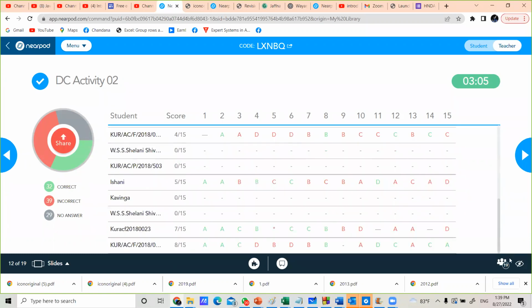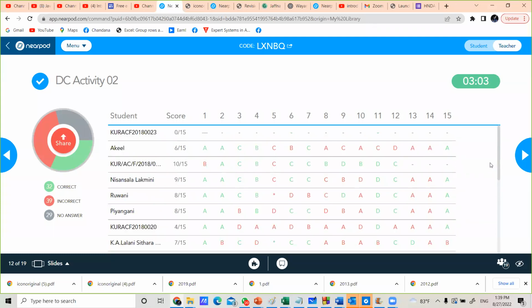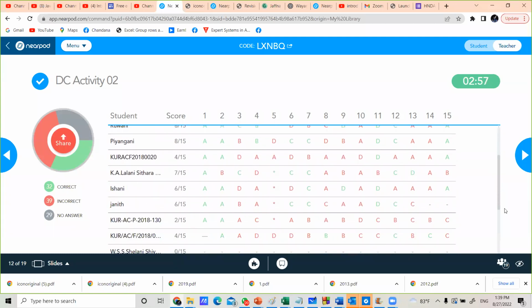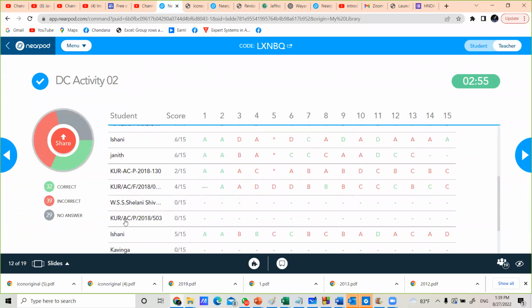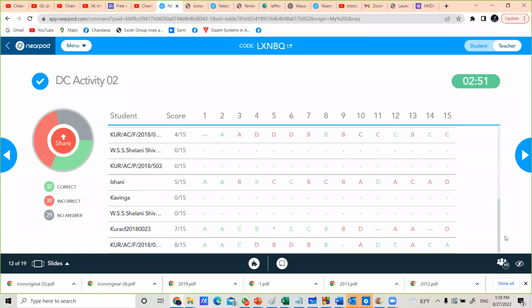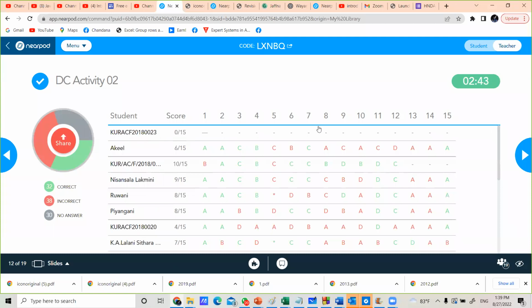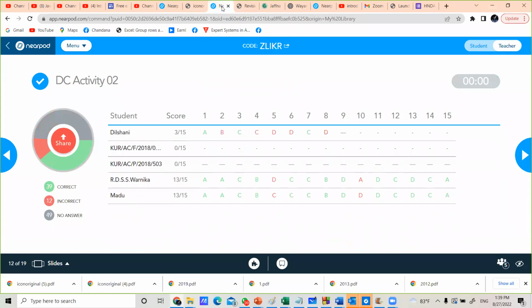However, there are students not giving even one answer: 023, Shalani and 503, Kavinga. Those who are not giving the answer have already joined the system, but have not given the answers.